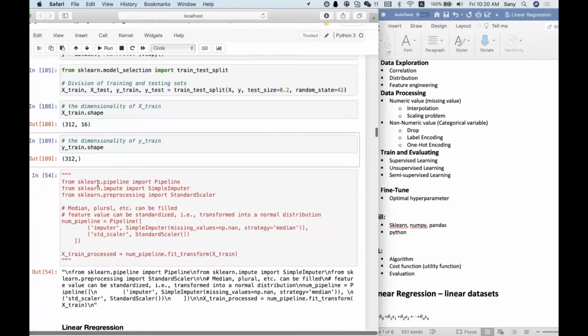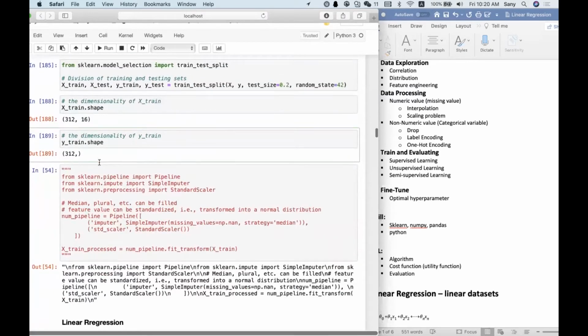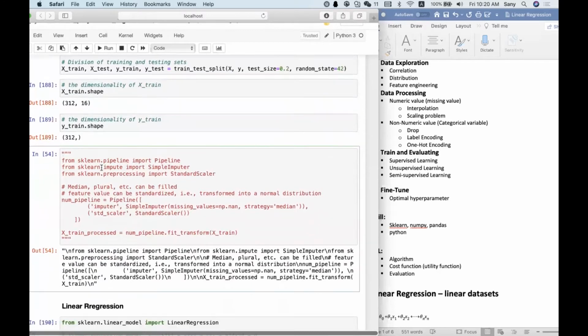And here, these codes are a strategy for you if you get accustomed to the cycling, because you can use the pipeline to build a pipeline for the numericals.